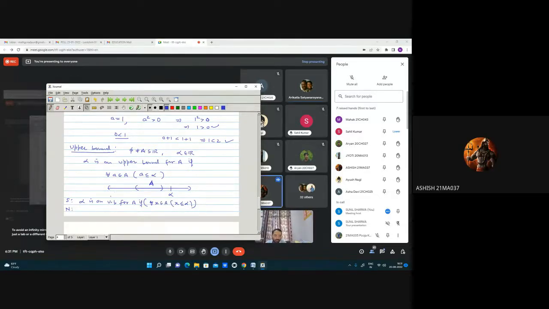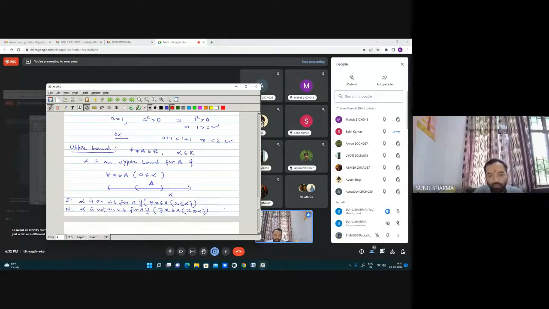Alpha is not an upper bound of A if there exists x belongs to A such that x is greater than or equal to alpha. So, are you agreed that this is the correct way to write the negation?